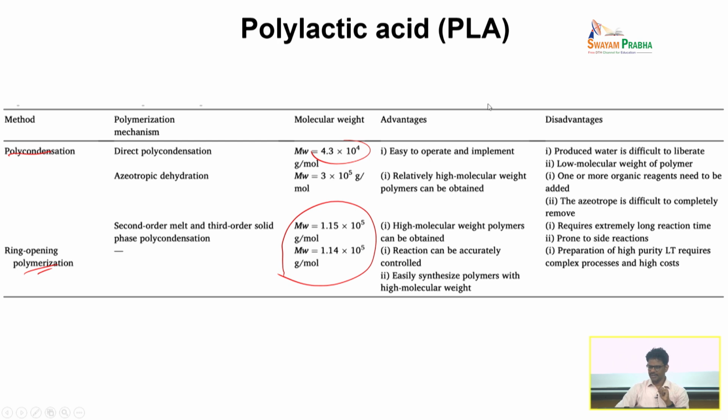And like I said, in the case of polycondensation, the removal of water is very difficult, and because of that the molecular weight is low. In the other cases like azeotropic or second order, there are few other requirements, whereas the ring opening seems to be the one that gives you high purity lactide, but it also requires complex processes and high costs. Okay, so I just want to mention this.